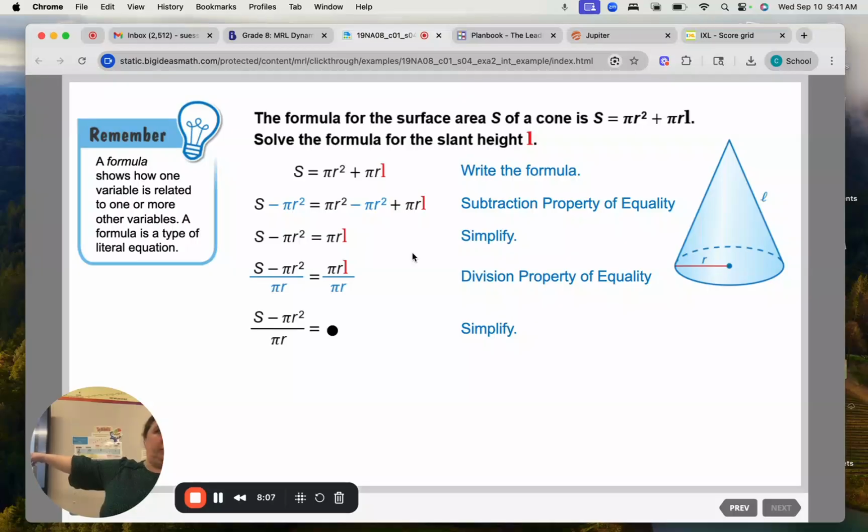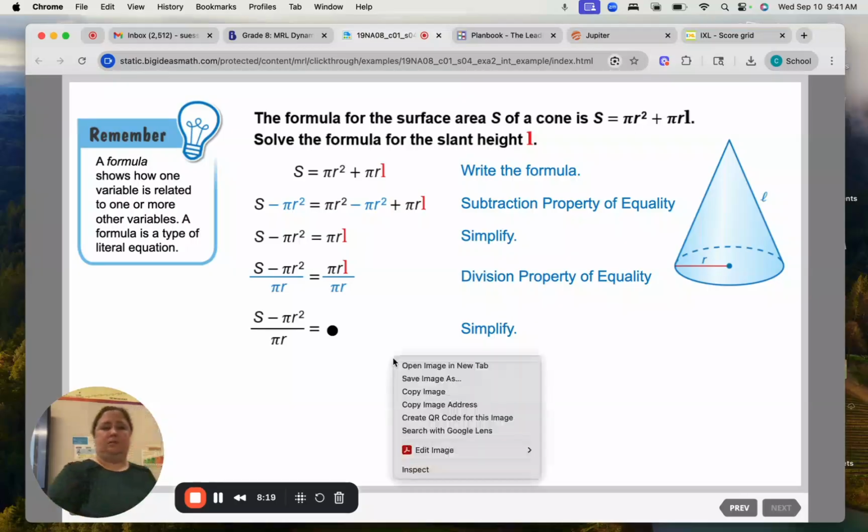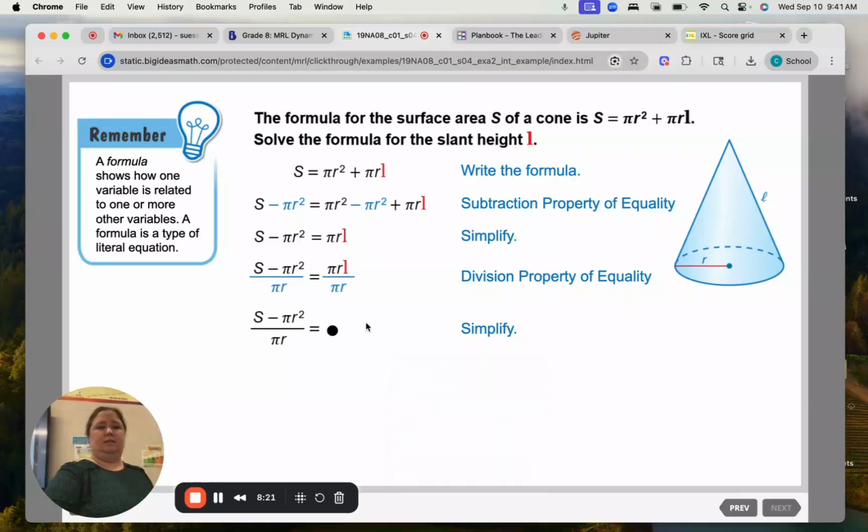Remember the butterfly? We do S divided by pi r, and on the right side you would do something similar. Uh-oh, it's not working. That's why there's a dot, because it's broken.